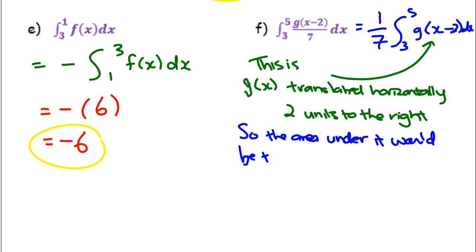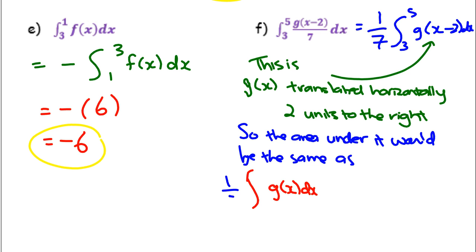Under what? The translation? Yeah, the area under that translated graph would be the same, because it's shifted 2 units to the right, so it would be the same as if it was just the integral of g of x dx, with the 1/7 down the front, of course.